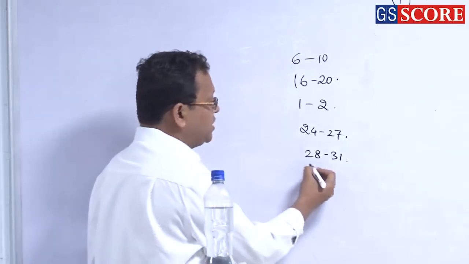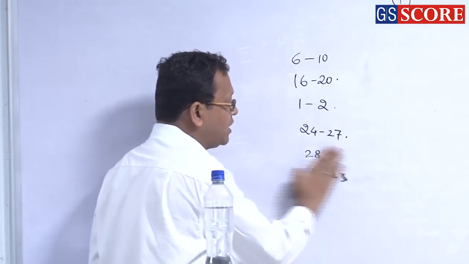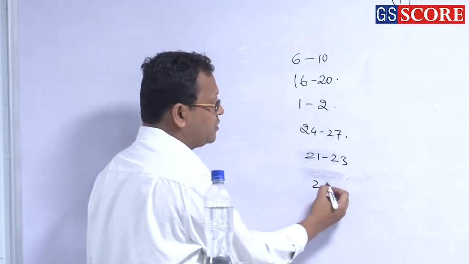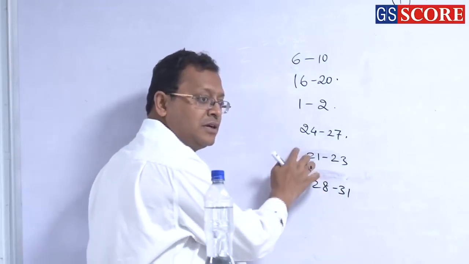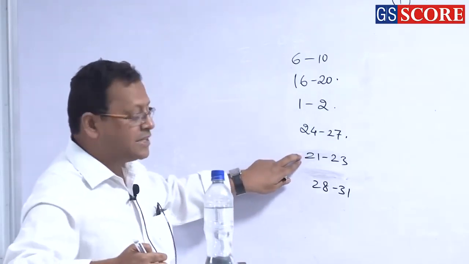Then 21 to 23. In fact, I will place 21 to 23 higher than 28 to 31, simply for the reason there are 3 questions, there are 4 questions. So level of difficulty is a little bit higher, so you can play it safe here.